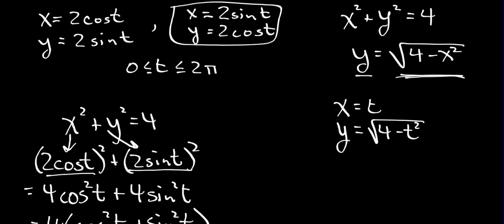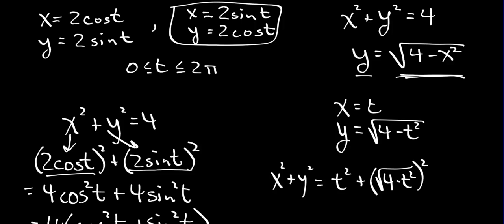Now, you might say, well, does that really work? Well, I mean, it's pretty obvious it works, right? Because all we did was substitute in a t for x. But let's try this. Let's try the x squared plus y squared, and that should equal 4. Let's see what it equals. We've got t squared, that's the x, plus the square root of 4 minus t squared, squared.